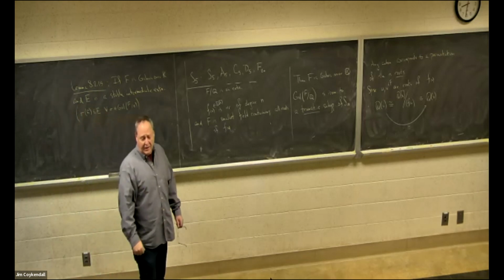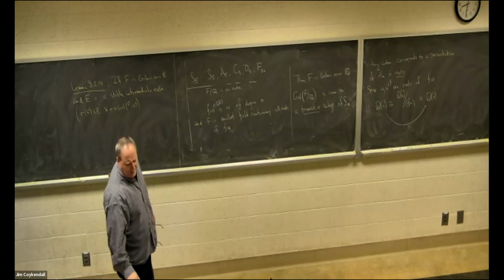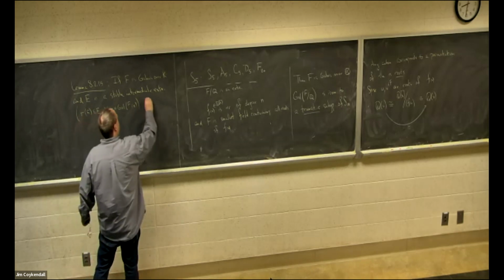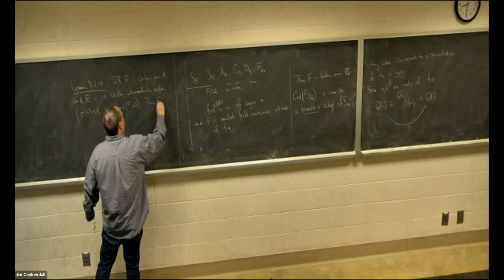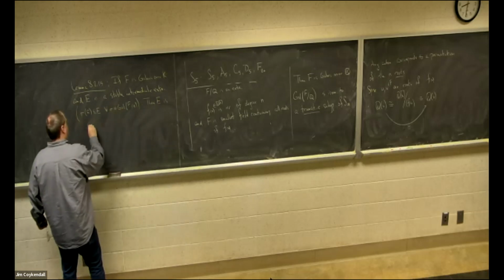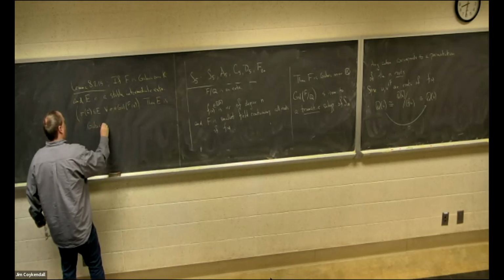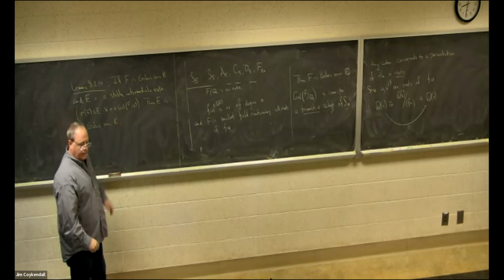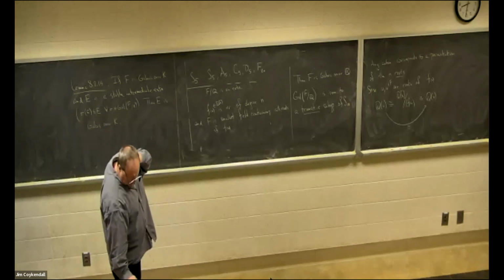It doesn't necessarily fix E, but everything in E stays in E. Then E is Galois over K. Okay, so let's go through the proof of this.